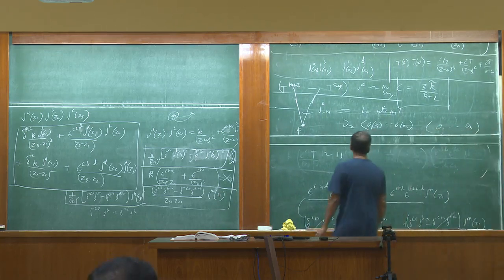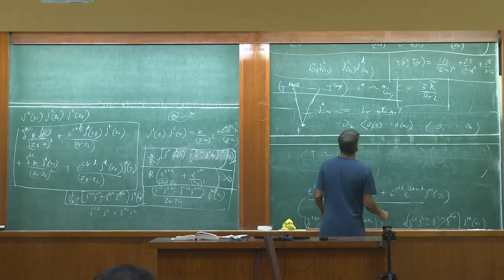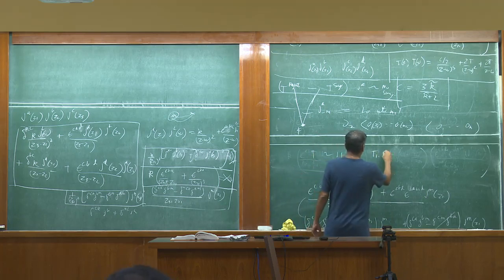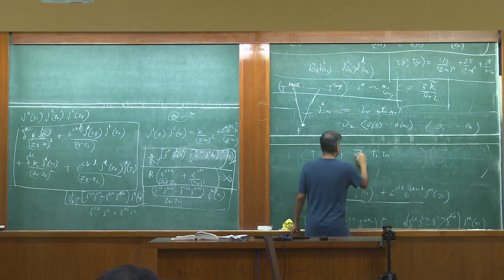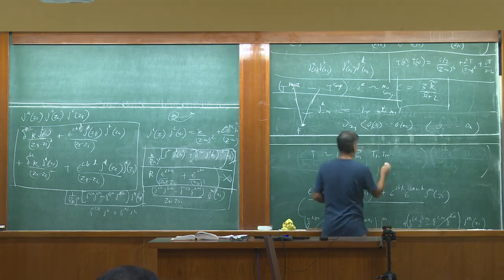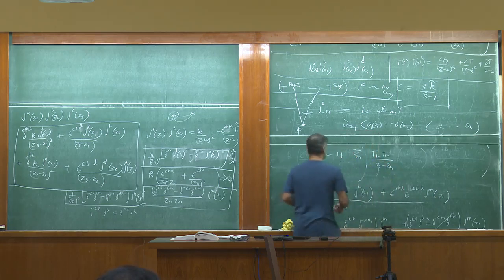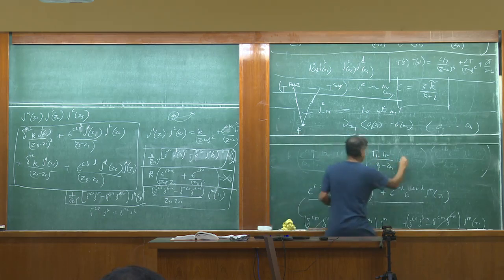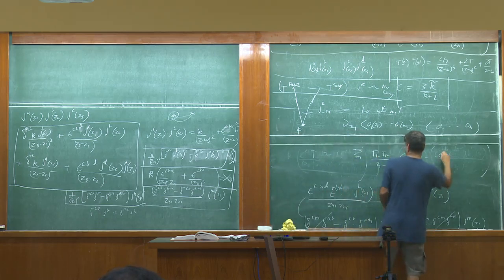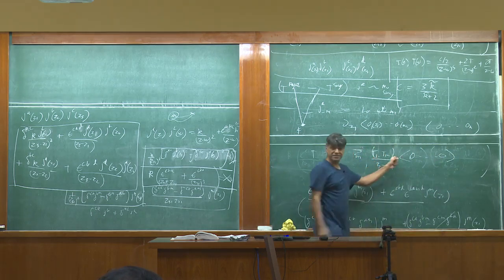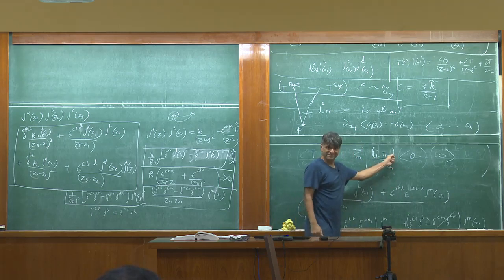It will be something like the sum over m of T_m over (z minus z_m), acting on the correlator, where these T's are representation matrices in the corresponding representations.